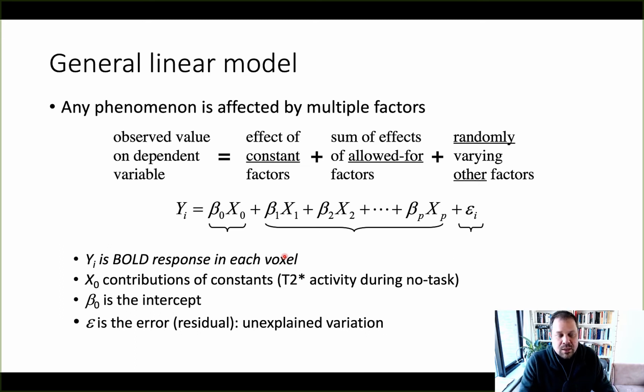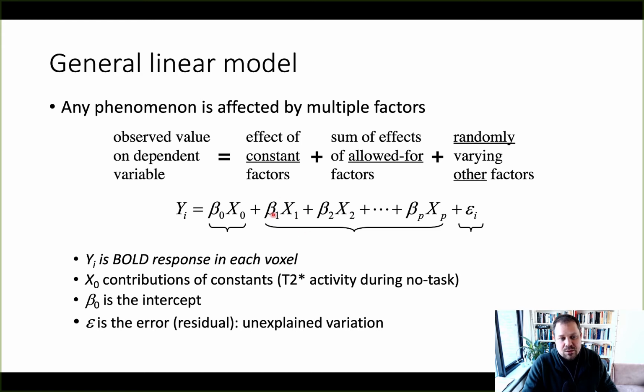One of the important things to consider, and the aspect that makes this a general linear model, and I'll show this in the next figure, is that these x's here contain multiple time points, so they contain time series across the different scans that were taken in the experiment. So they're not just single points or single predictor variables, they're time series that reflect the experimental design.